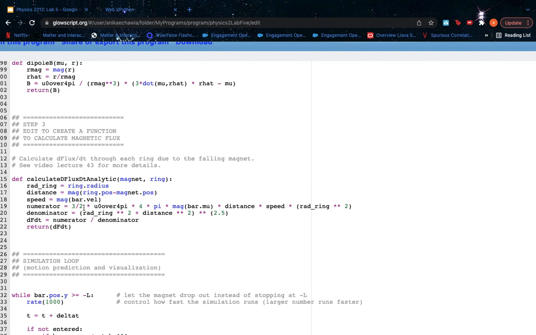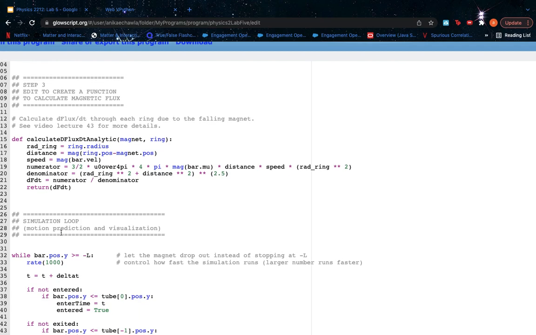This is the numerator: 1.5 times mu over 4 pi times 4 pi times the magnitude of the bar magnet's mu times distance times speed times the radius of the ring squared. And the denominator is the radius of the ring squared plus distance times 2 times 2.5. And then that returns the flux.